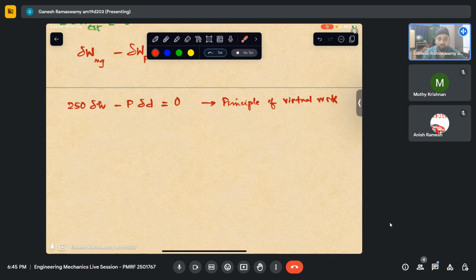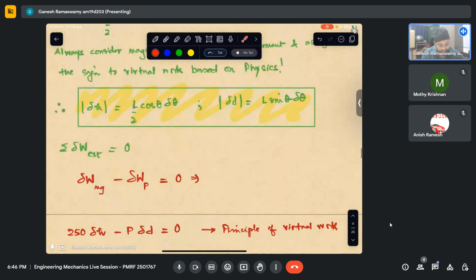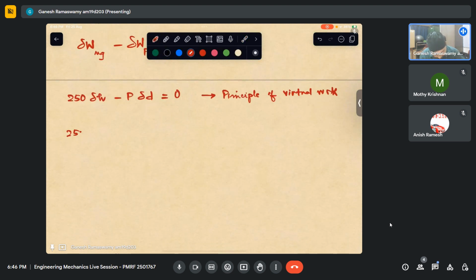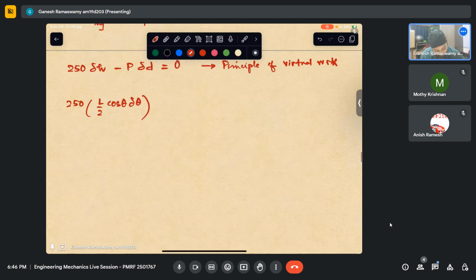I have written this. Now I have to replace these two in terms of a common denominator so that I can analyze. That is what we derived here. So let us go ahead and substitute this. It is giving 250 into L by 2 cos theta delta theta minus P. What was the other one?